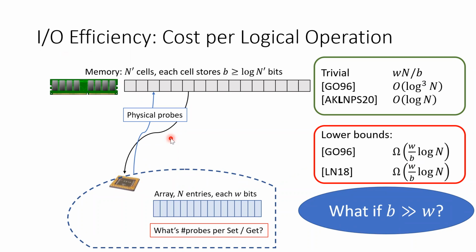There's another metric called the number of bits we communicated between the two sides, the memory and the processor. The relation between these two metrics is just a factor of b. You multiply b, you get another factor, or divide by b, you get another factor.